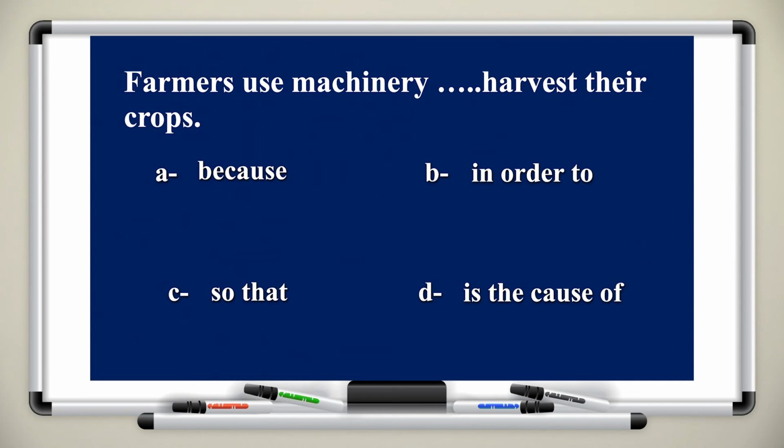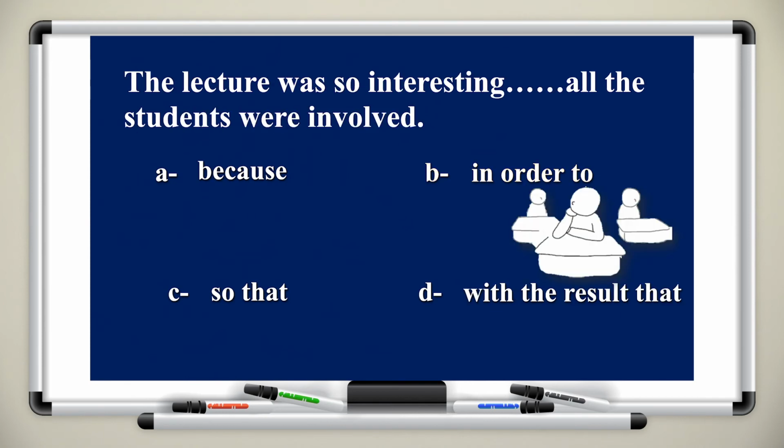Farmers use machinery in order to harvest their crops. Excellent. And now another example. The lecture was so interesting, all the students were involved. Which one would you choose? Take some time to think before we answer the question. The answer here is with the result that. The lecture was so interesting with the result that all the students were involved.